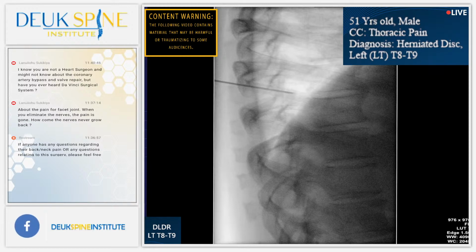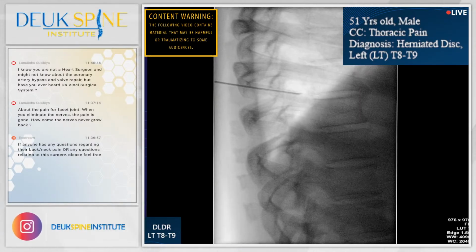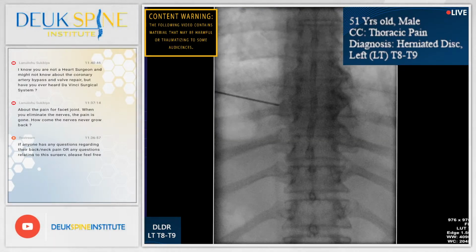Now we're making progress. That's what I needed to see. You just have to get around this. AP. Sometimes you have to move around and try different entry points, different trajectories to get to the disc.